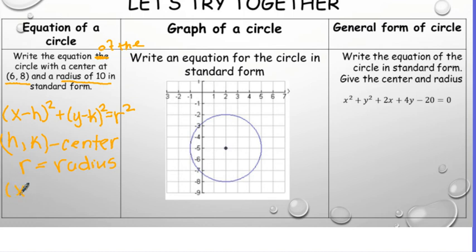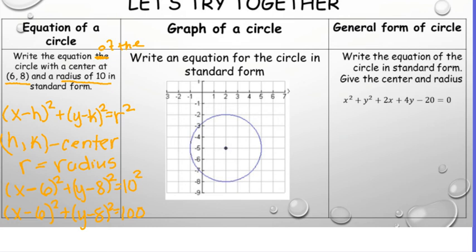So we're going to say x minus, this is a positive number, so I just stick it in there, squared, plus y minus, this is a positive number, so I keep the negative sign and put in 8, squared. And it says the radius is 10, so we get 10 squared. And all we have to do here is (x minus 6) squared plus (y minus 8) squared equals 100. And there you go. That's your equation written in standard form.